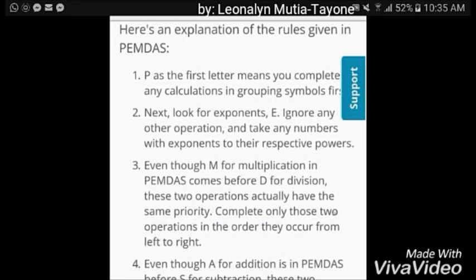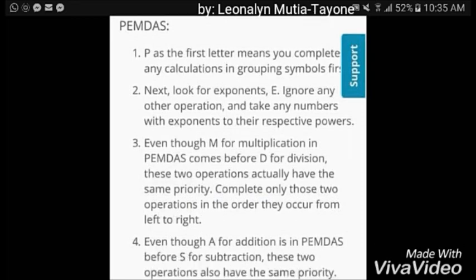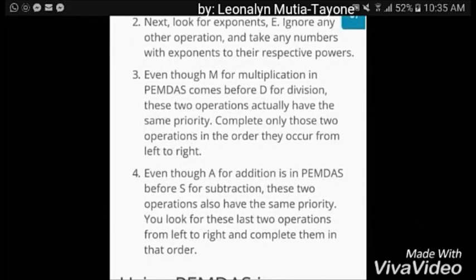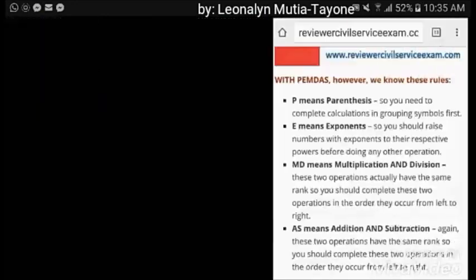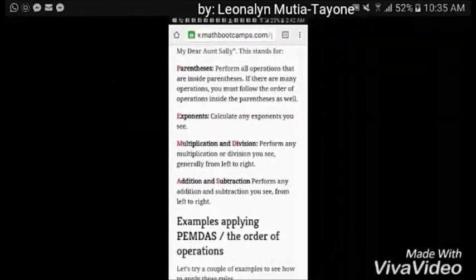Complete only those two operations in the order they occur from left to right. Number 4. Even though A for addition is in PEMDAS before S for subtraction, these two operations also have the same priority. You look for these two operations from left to right and complete them in that order. Next, these are all the same.